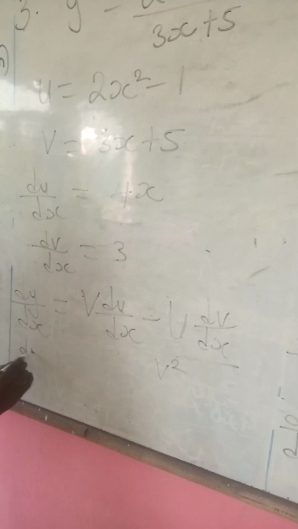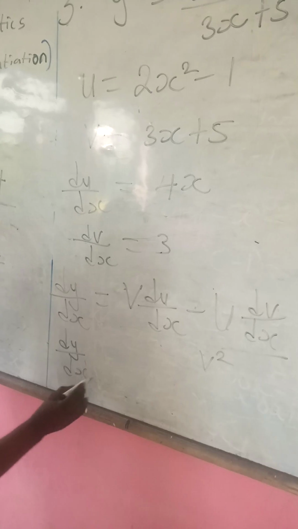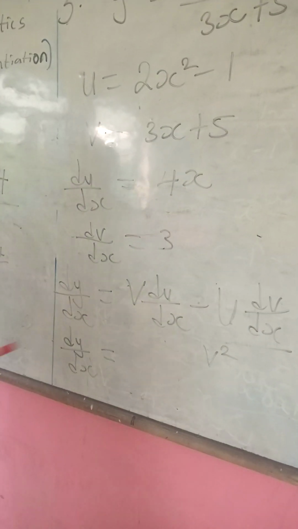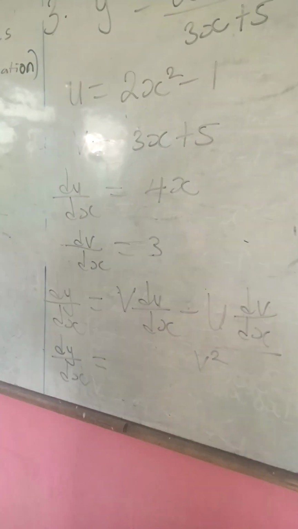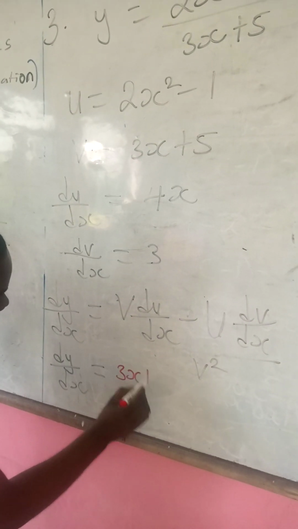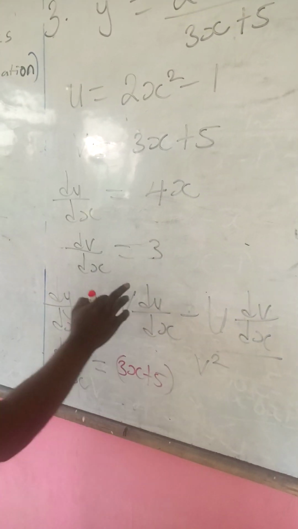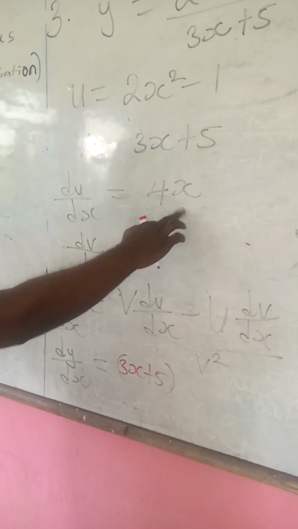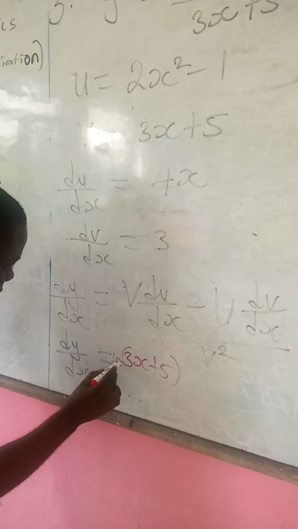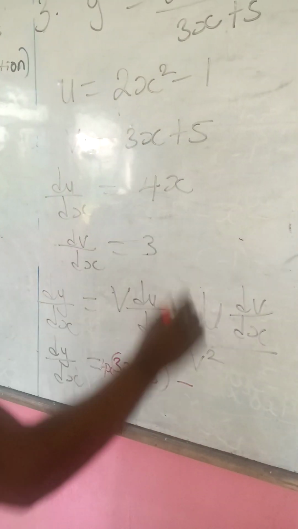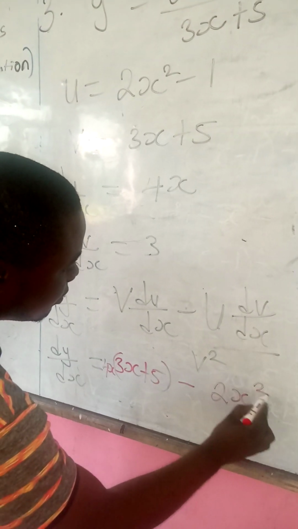So our dy dx now. What is our v? Very, very important. What's the v? Our v here is 3x plus 5. Right, 3x plus 5. And what is our du dx? du dx is 4x. Everybody can see. And 4x will be here. And minus what's u? My u is 2x squared minus 1.